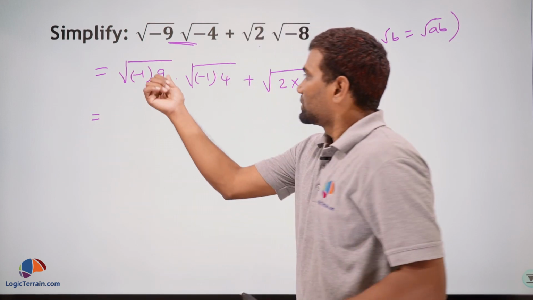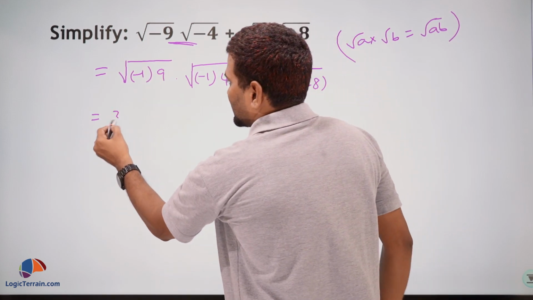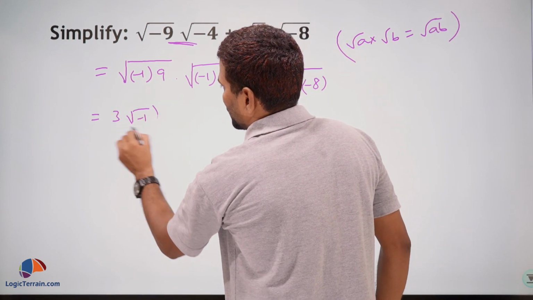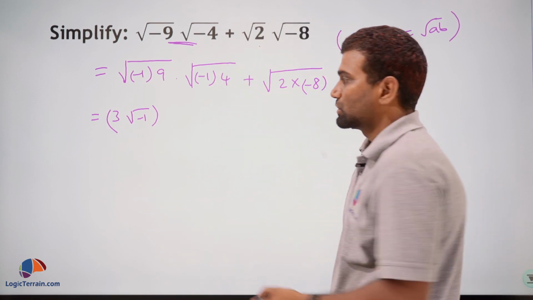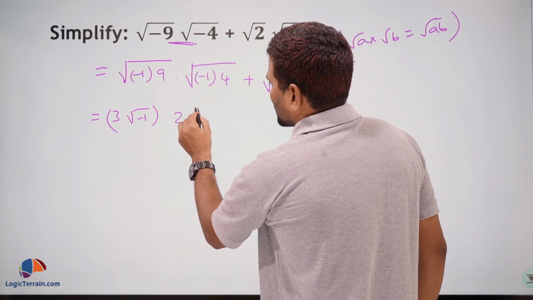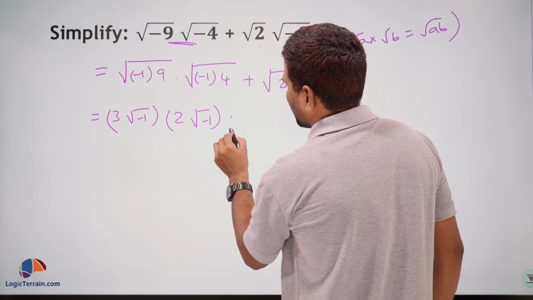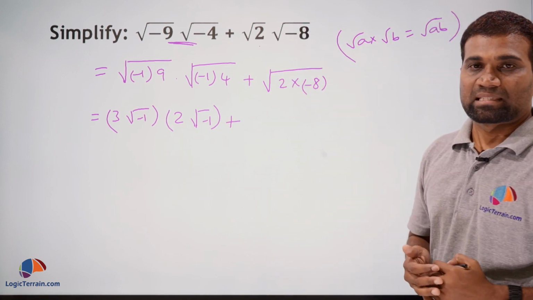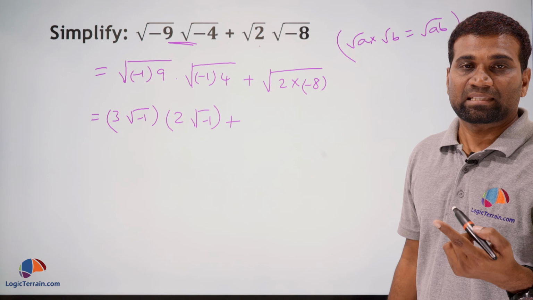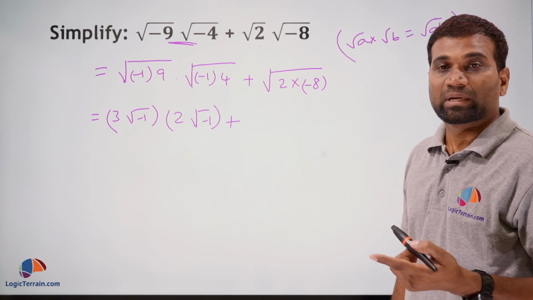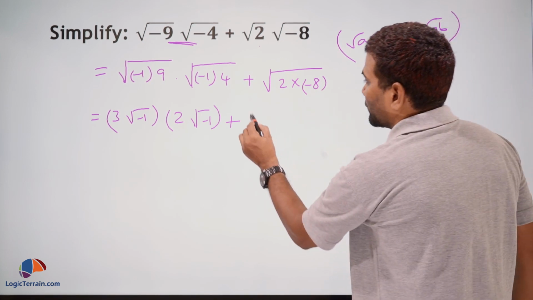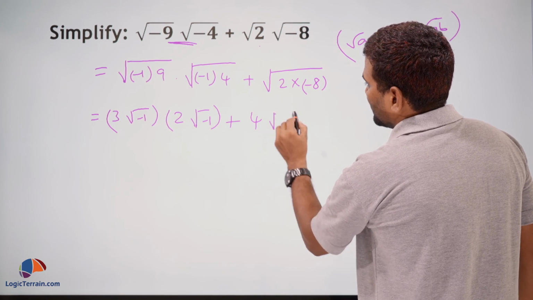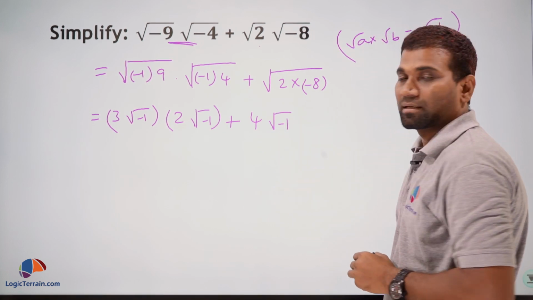Further, square root 9 is 3, 3 into square root negative 1, square root 4 is 2, 2 into square root negative 1, plus 2 8s are 16, negative 16. Negative 16 can be rewritten as negative 1 into 16. Square root of 16 is 4 into square root negative 1.